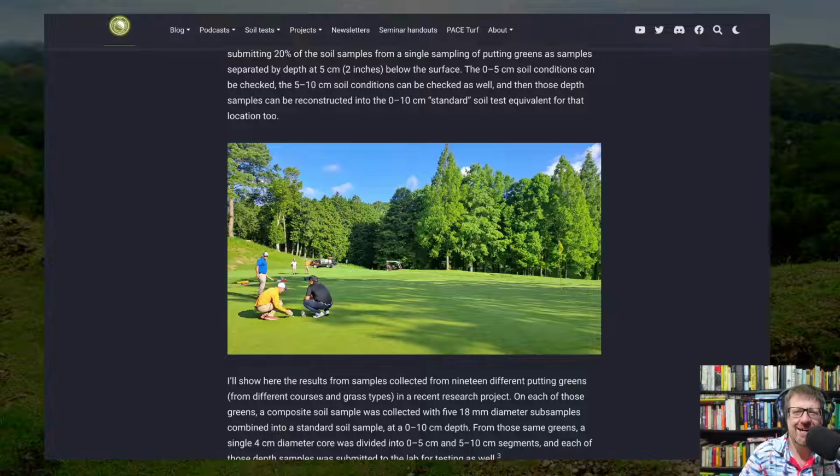So it's nice if you have the gradient that goes like that. It would not be so good if you had 100 parts per million phosphorus right near the surface and 20 parts per million deep down in the root zone, because then you have a lot of phosphorus near the surface where Poa annua could grow. So it's useful to check that.